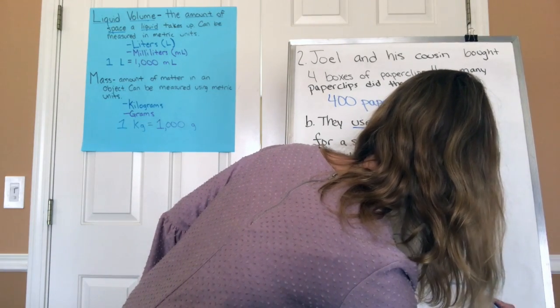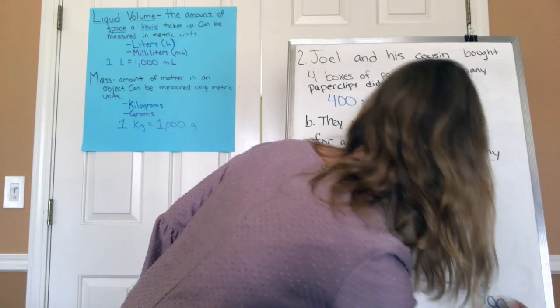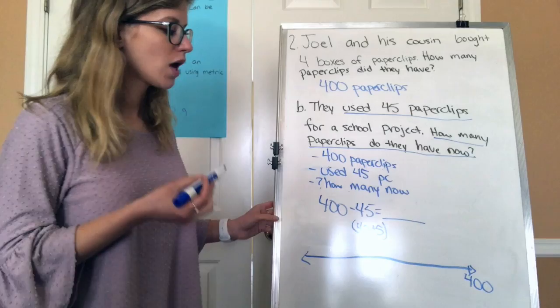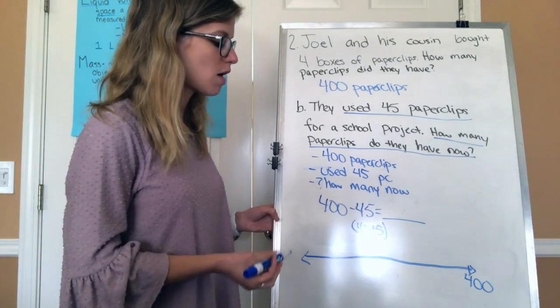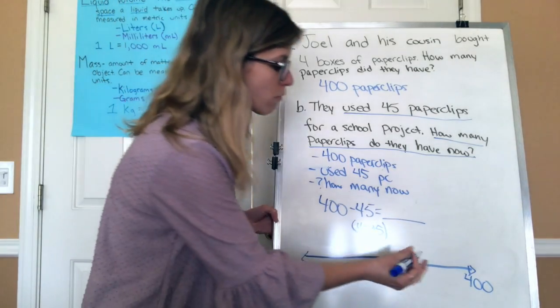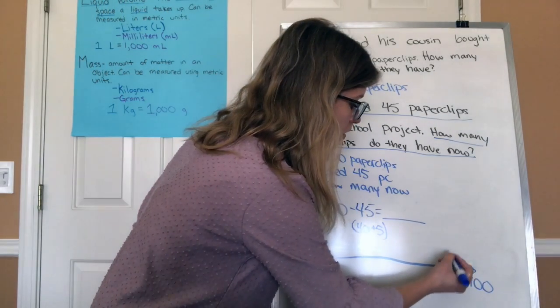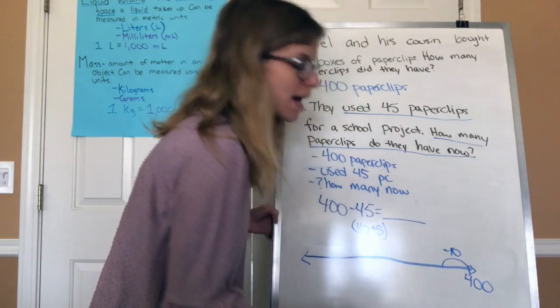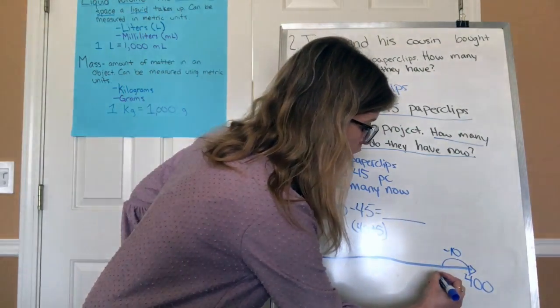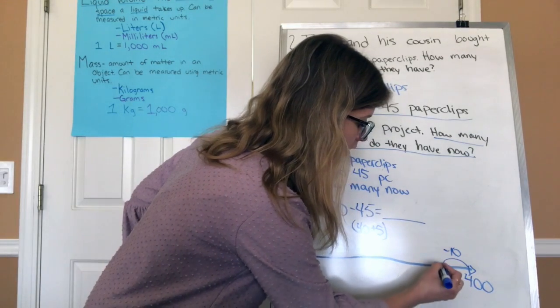So I'm making my number line, and since it's subtraction, I know I'm going to start over here to show 400, and then I'm going to be taking away 45. And what I'm going to do first is break it up into 10s to make it super easy. So I'm going to first take away 10, and 400 minus 10 would be 390.